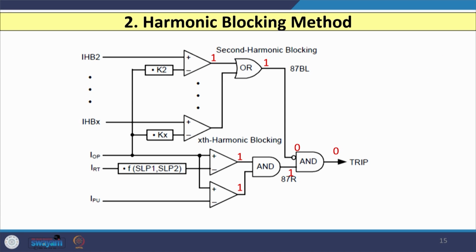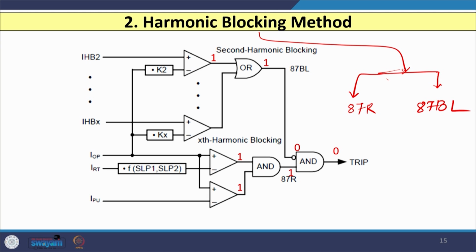To understand this, let us consider a block diagram. Here you can see that the lower portion of this block diagram remains as it is. The harmonic blocking method block diagram is divided in two parts. One is the operation of 87R and another is the operation of 87BL.